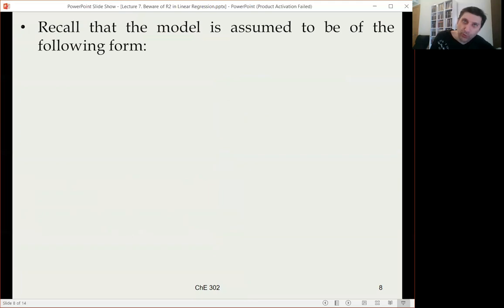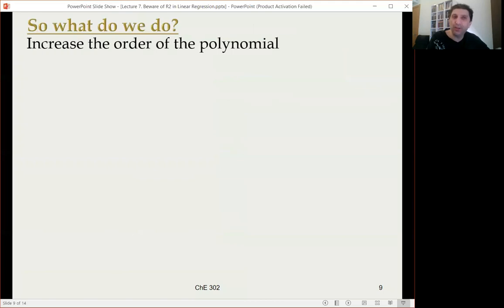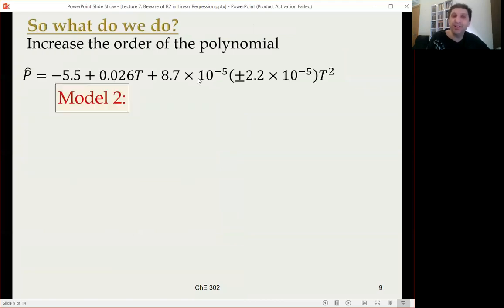So finding a trend in the residuals shows that our assumed model at the very beginning is invalid. So what do we do? We just make the model a little bit more complicated. In the polynomial family, a little bit more complicated means increasing the order of the polynomial by 1. So we increase the polynomial order to 2.